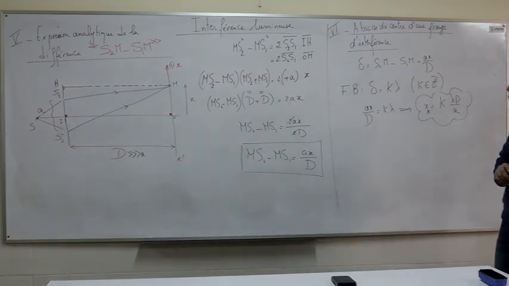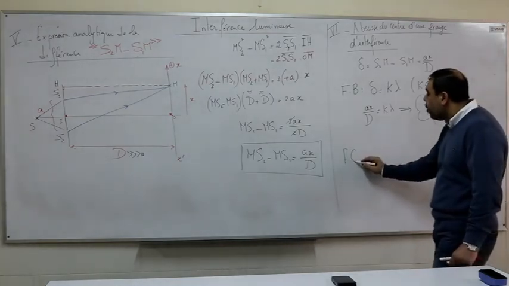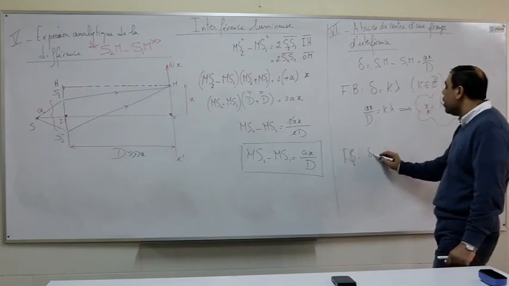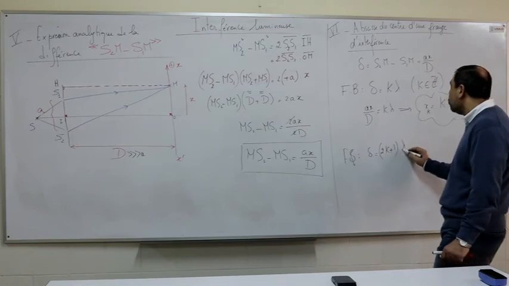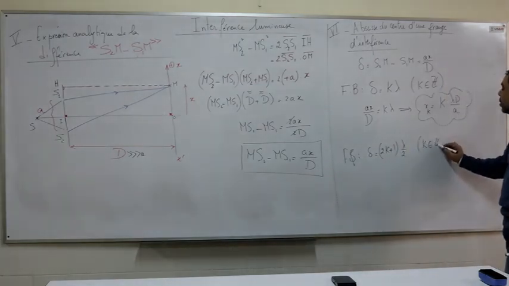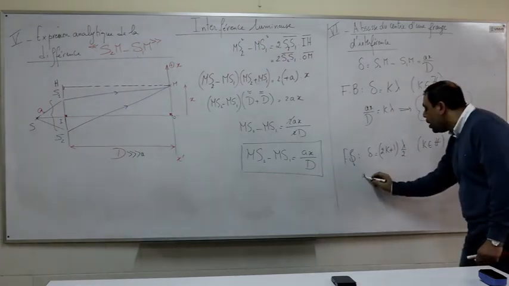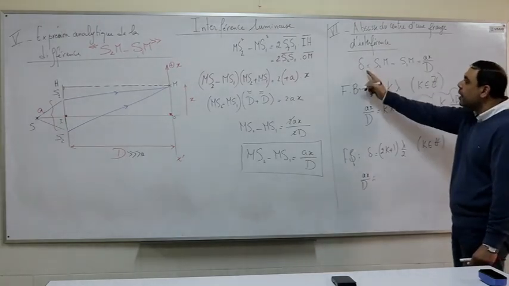For a dark fringe, delta is equal to an odd multiple of lambda over 2, which is 2k plus 1 multiplied by lambda over 2, where k belongs to Z. But delta is equal to aX over D in the case where S is equidistant from S1 and S2.